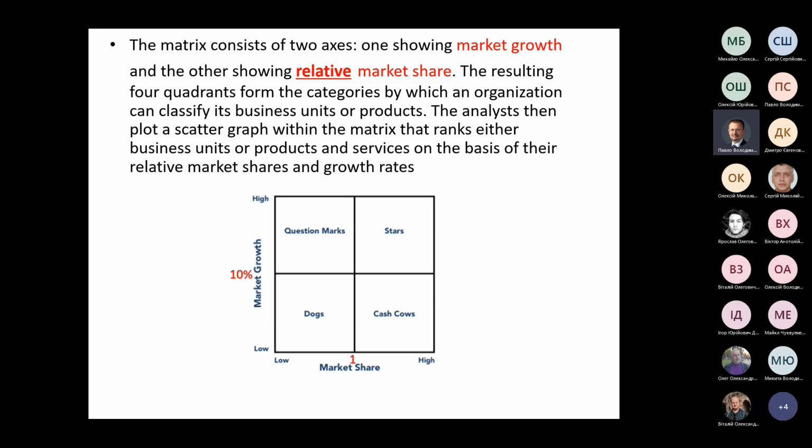I think at least half of the listeners of today's lecture are familiar with the matrix, but I'd like to stress the second very important point: why the Boston Consulting Group decided to choose this dimension, relative market share, and why they put 1 here.